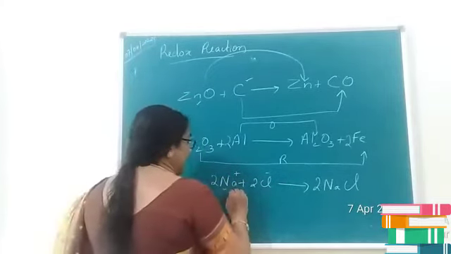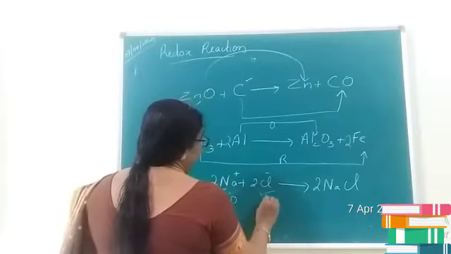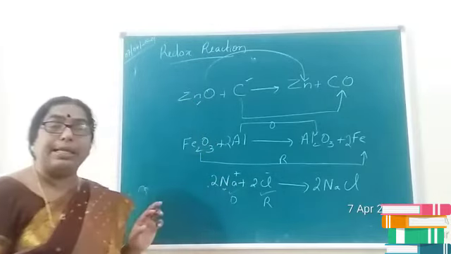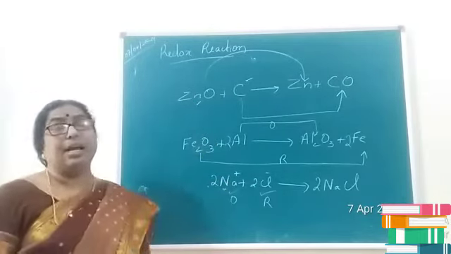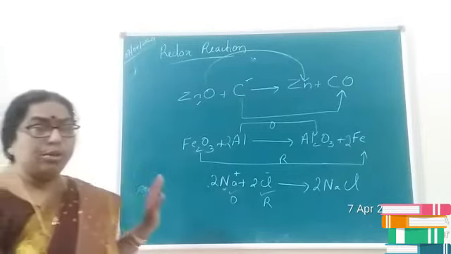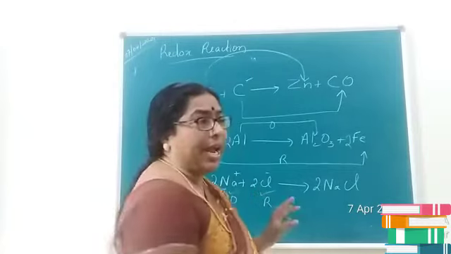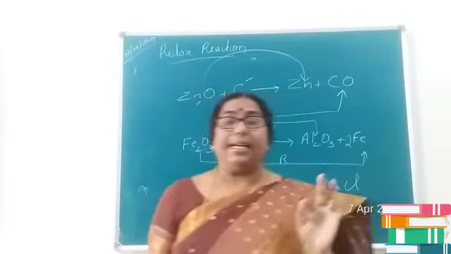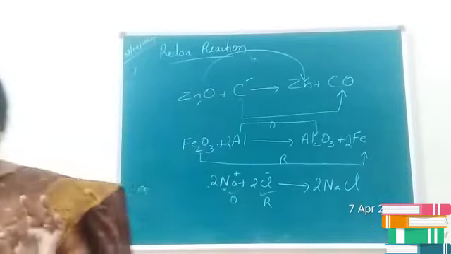Again, we can see that both oxidation and reduction take place simultaneously. So this is another example of redox reaction. Is it clear children? Redox reaction means the type of reaction where oxidation and reduction take place simultaneously.